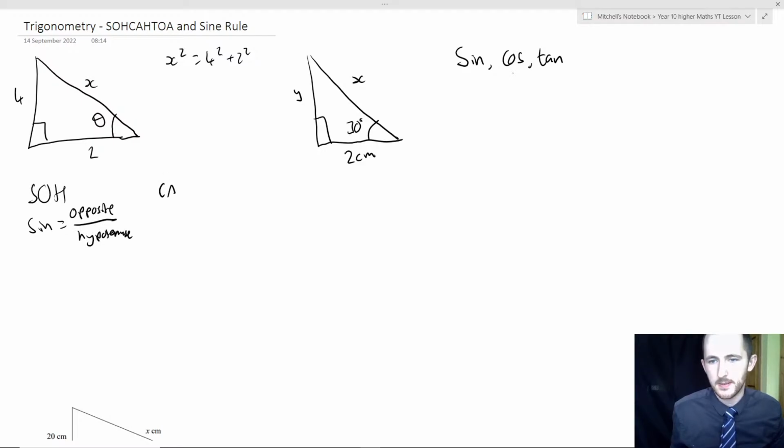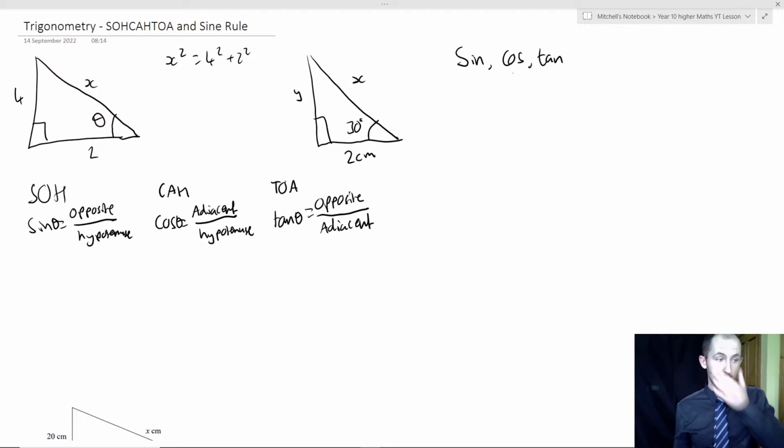The CAH part stands for cos equals adjacent over hypotenuse, and normally we put the angle sign, theta, here. And lastly we have TOA, which you can probably guess gives me tan theta equals opposite over adjacent. The O again stands for opposite, and the A stands for adjacent.